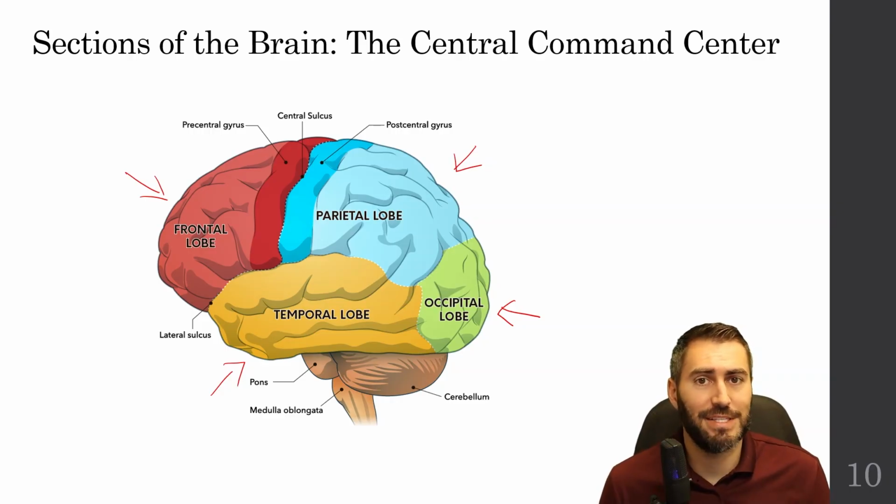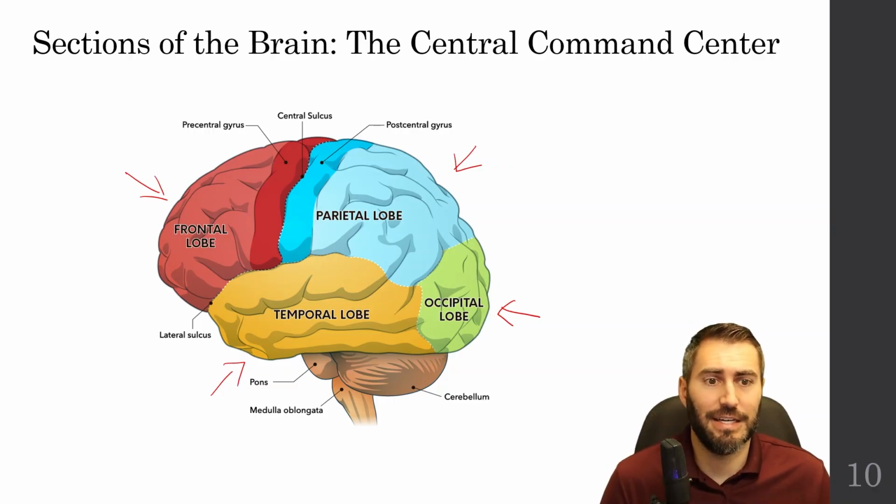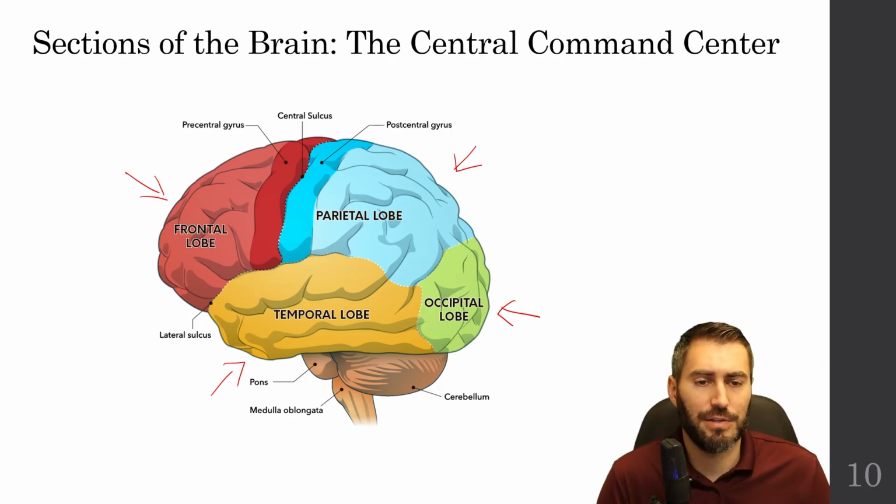Vision is the number one sense that we use to interact with the world. And so we have a very large portion of our brain devoted to understanding what vision is in this case. And so these are the four main lobes of the brain. And so just understanding generally what each is responsible for, I think is helpful to get an idea of this. Like I said, there's a lot more we can get into, a lot more deeper portions, which we're going to talk a little bit about here as well.